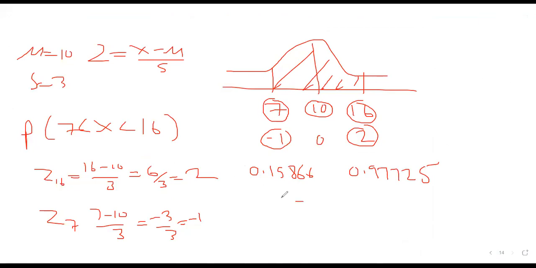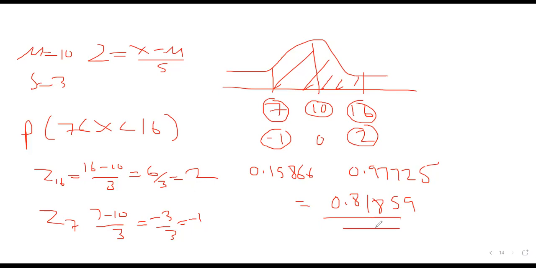So here we're going to get 0.81859. This is how we find the probability between two values of an interval. Okay, I understand.